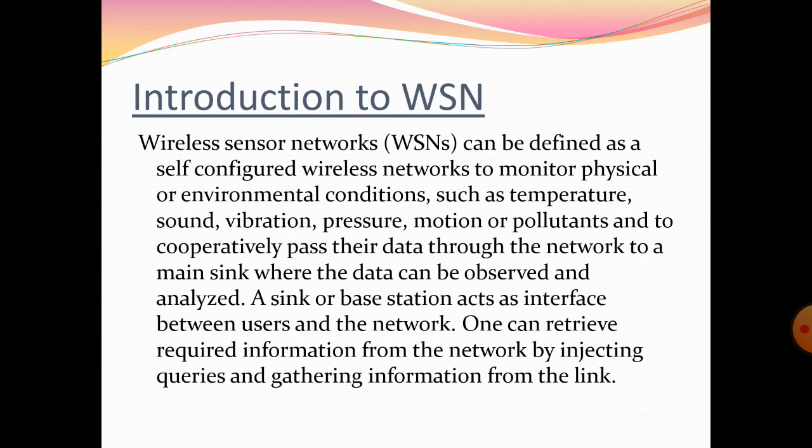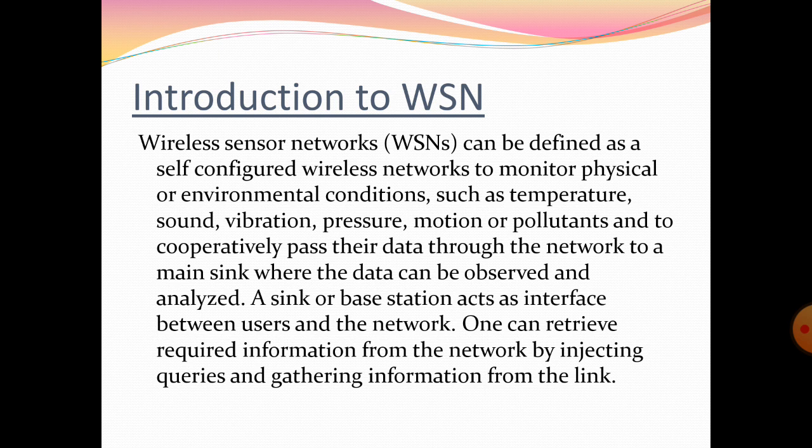So first of all, we will come to know what wireless sensor networks are. Wireless sensor networks can be defined as self-configured wireless networks to monitor physical or environmental conditions such as temperature, sound, vibration, pressure, motion or pollutants, and to cooperatively pass their data through the network to a main sink where the data can be observed and analyzed.